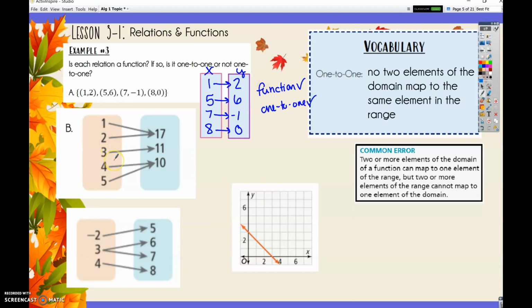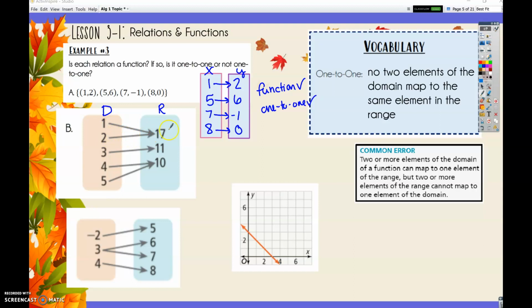Now if we look at B, we see that our domain is all the pink values and our range is all the blue values. No value is repeated in either column. So that's helpful. It helps us know that we could possibly have a function here. But when we look at our 1, it maps to 17, and so does 2. That's still a function.